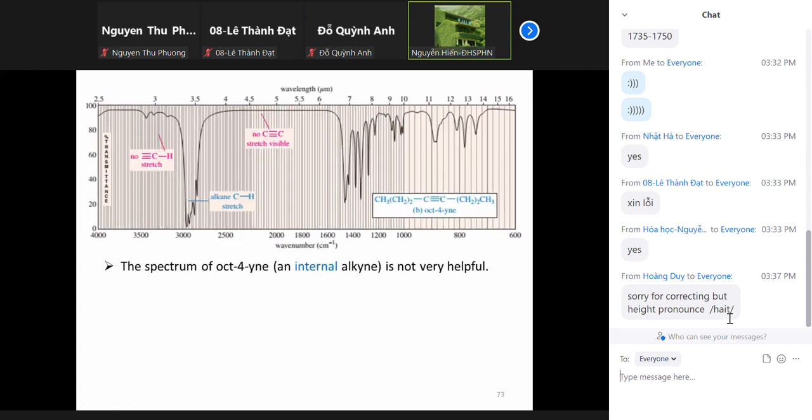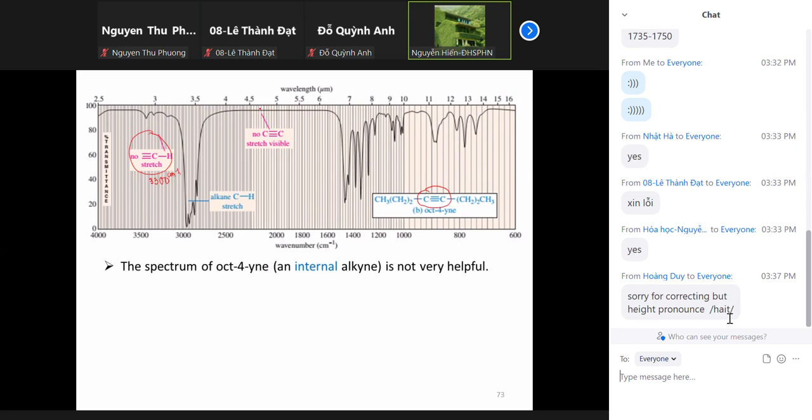But when you analyze the spectrum of an internal alkyne, an internal alkyne will have a CC triple bond in the middle of the main chain. So in this case, no signals for C-sp-H bonds. So of course you don't see any signals in the range of 3,300 centimeters. No signals because you don't have C-sp-H.